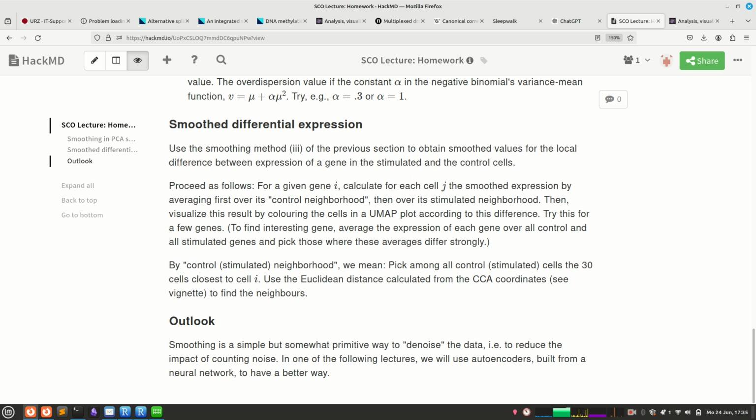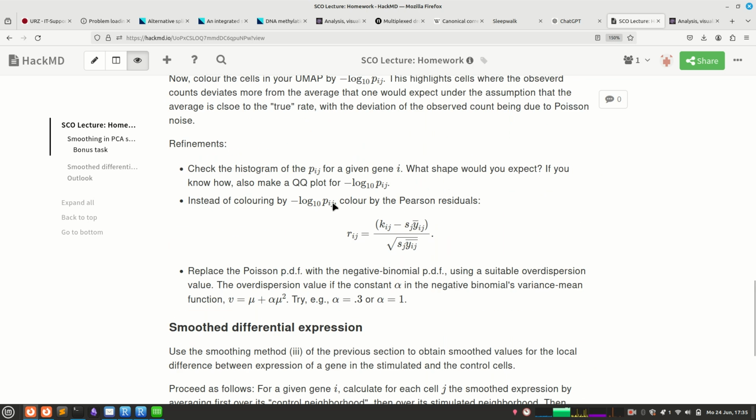Also, this part that I put here with the Poisson residuals will turn out to be important to get the loss function of the autoencoder right. Our crucial idea will turn out to be that in PCA we said our objective is to minimize the squared error, so the Euclidean distance in our log normalized space.